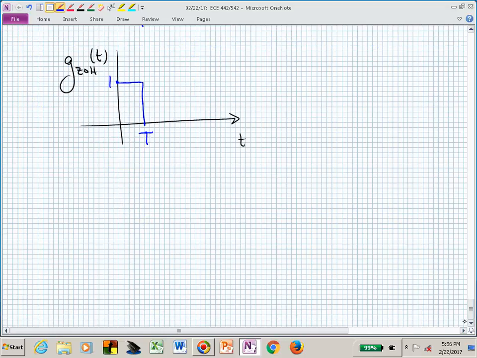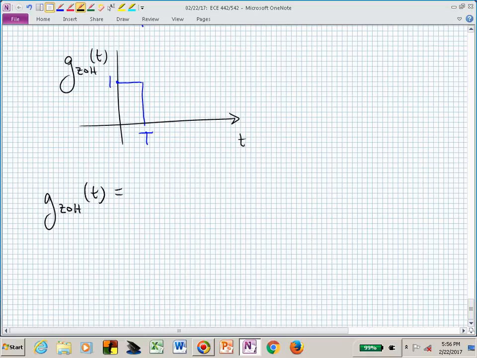Now, what I want to do is express this in terms of fundamental waveforms. What's a fundamental waveform? An impulse, a unit step, a unit ramp.